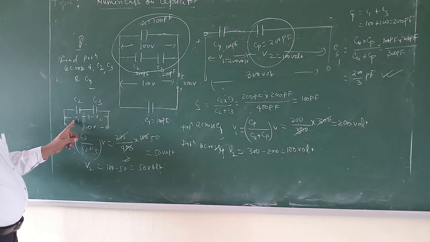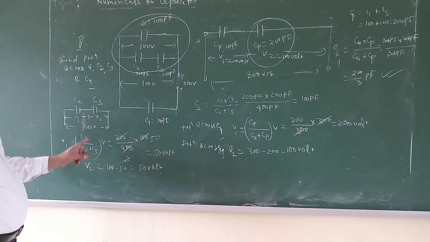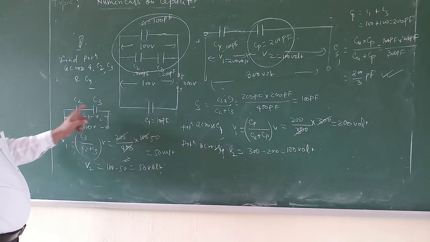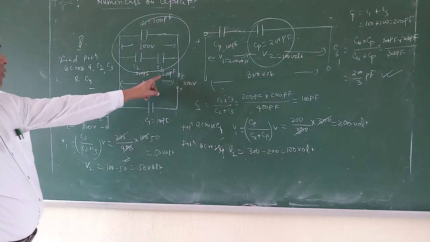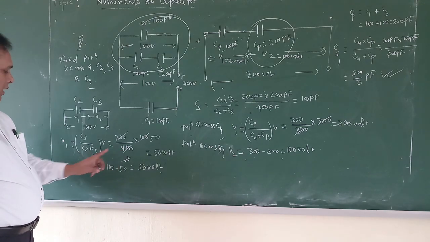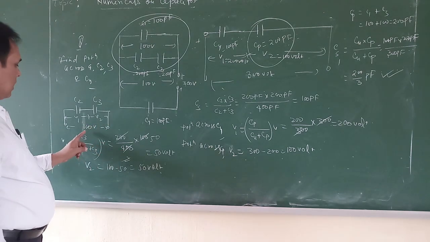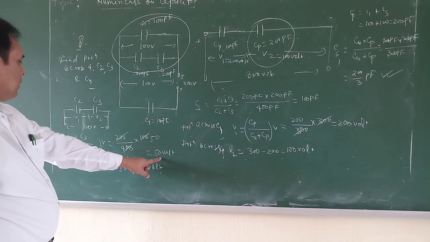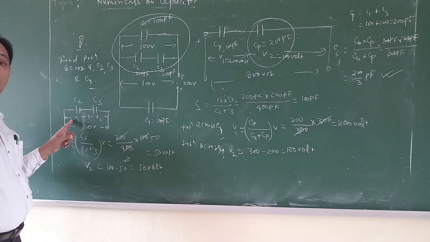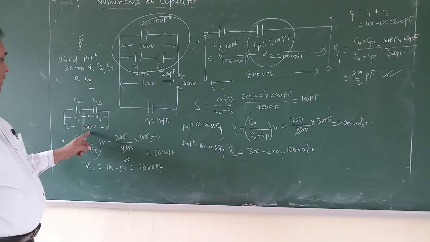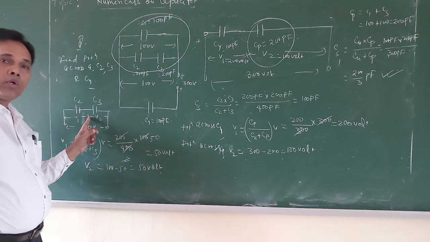Find this potential V1 and this potential V2. So V1 equal to C3 by C2 plus C3 into V. C3 is 200 picofarad, and C2 plus C3 is 200 plus 200, 400 picofarad, into total potential 100 volt. If you solve it, you will get 50 volt. So the potential across C2 is 50 volt, and since the total is 100 and this is 50, the potential across C3 will also be 50 volt.